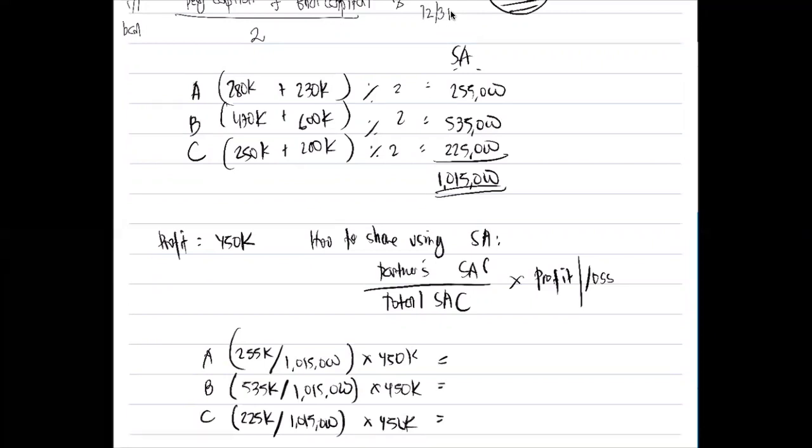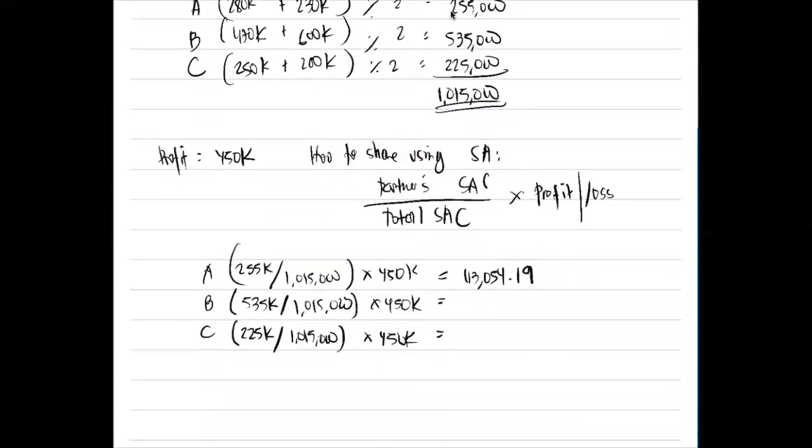Okay? So, ganun yung gagawin natin. So, 255 divided by 1,015,000 multiplied by 450,000, we have 113,054.19. For B, 535,000 divided by 1,015,000 times 450,000, we have 237,192.19.